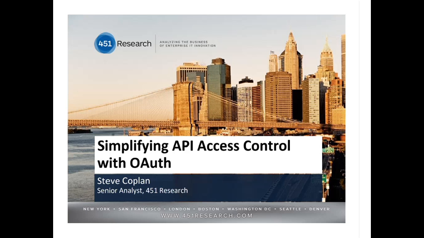Yeah, thanks everyone for joining us this morning. As Francois mentioned, I'm a Senior Analyst here at 451 Research, in our firm's enterprise security practice. By way of background, 451 Research has been around for almost 12 years now, focused on emerging technologies for enterprise IT. The scope of my research specifically is around identity and access management and increasingly data security.